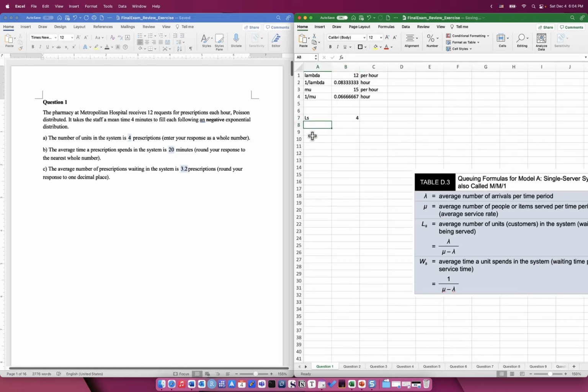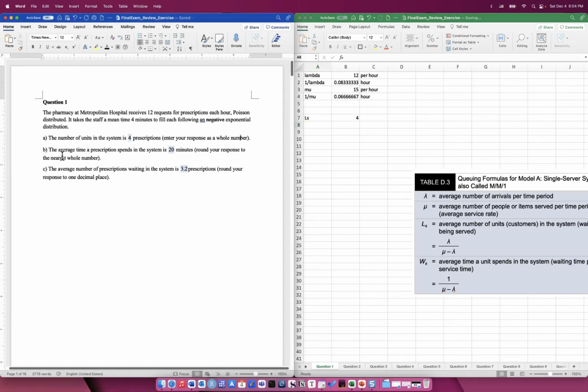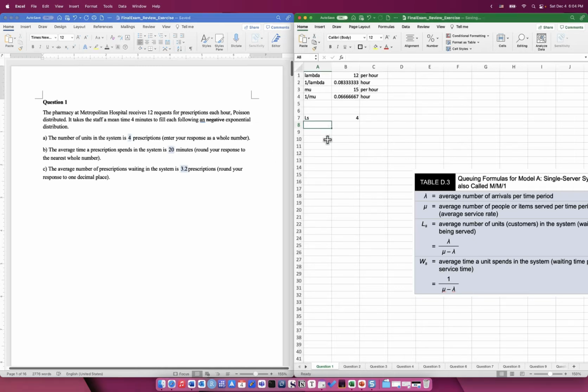And the average time a prescription spends in the system. Okay, so in this case, we're looking at Ws, waiting time in the system. The moment it arrives to the waiting line, all the way until its service is finished and you're ready to depart from the pharmacy.